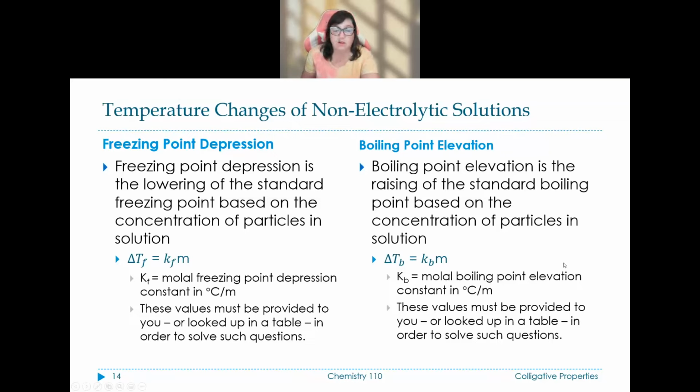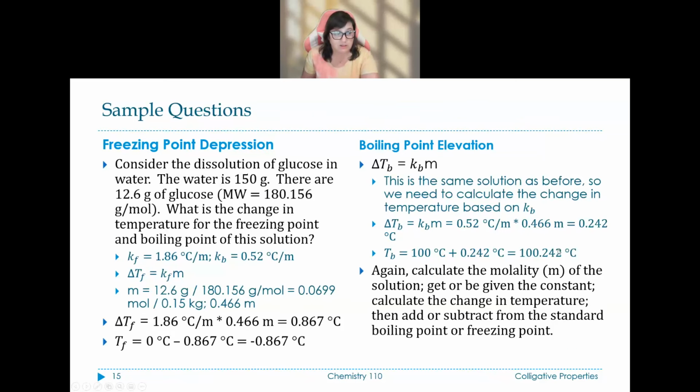Okay. Questions that we might see related to this. Let's take a look at those. So when we look at freezing point depression, we consider the dissolution of glucose in water. The water is 150 grams. There are 12.6 grams of glucose, which has a molecular weight of 180.156.